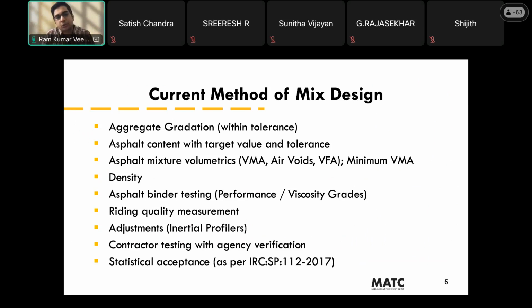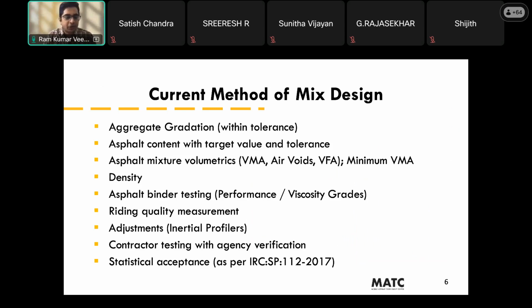The second one would be your asphalt content, whether it's designed to the optimum binder content with target values, with appropriate production tolerances as well. And the third way you evaluate this design is through asphalt mixture volumetrics, specifically voids in mineral aggregates, air voids, and voids filled with asphalt. Most state agencies use a minimum VMA criterion to see if they're meeting the expectations of mix performance.